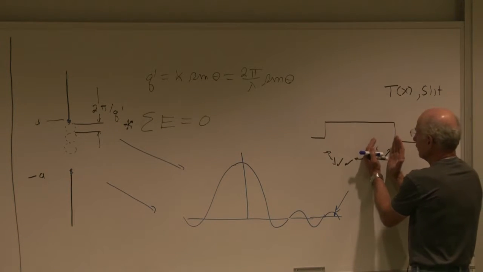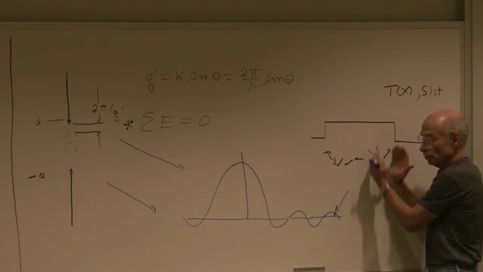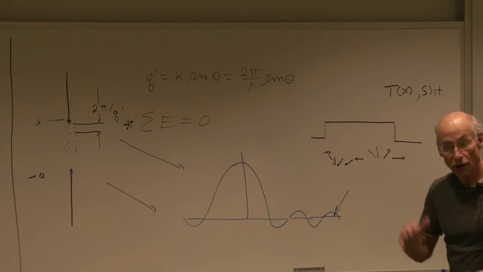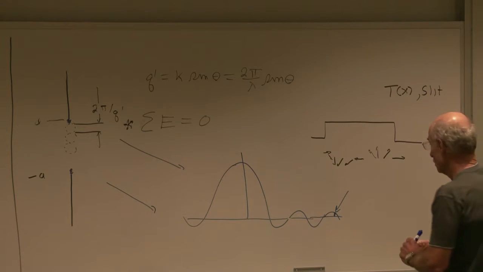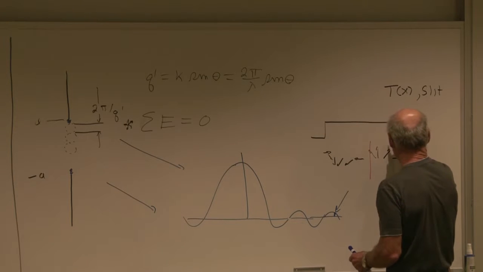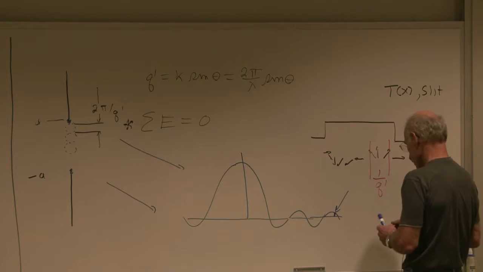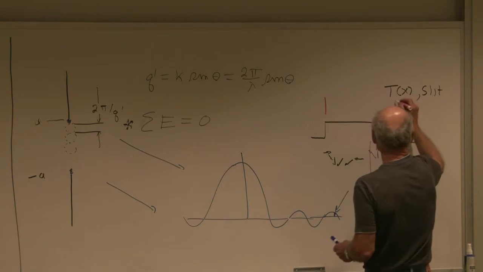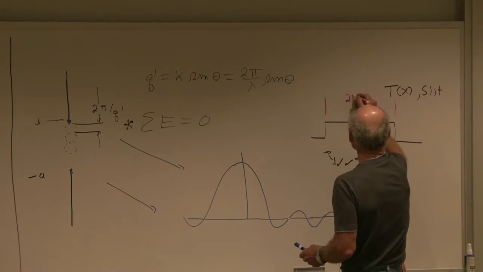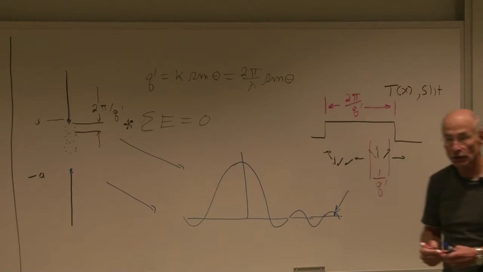Inverse q prime is inverse units of length. Notice there's a smaller region where I'm pretty much in phase. And I'm going to arbitrarily make that distance 1 over q prime. Let's remember this distance for the particular angle I picked is 2 pi over q prime, a factor of 6 bigger, right?